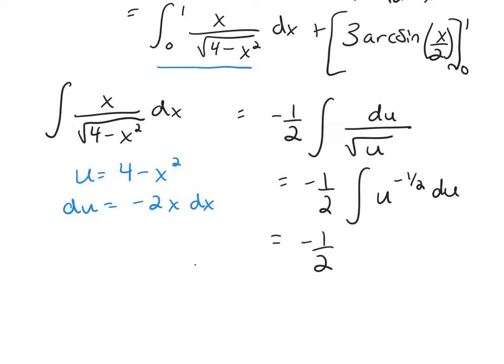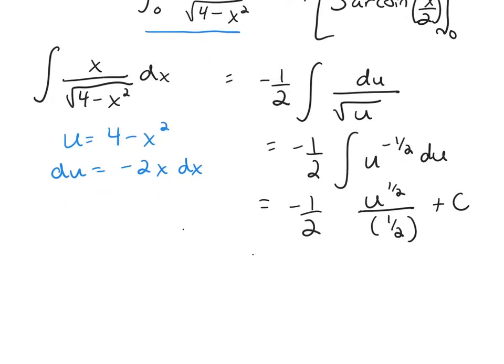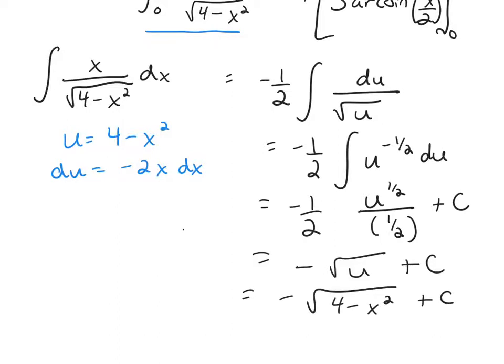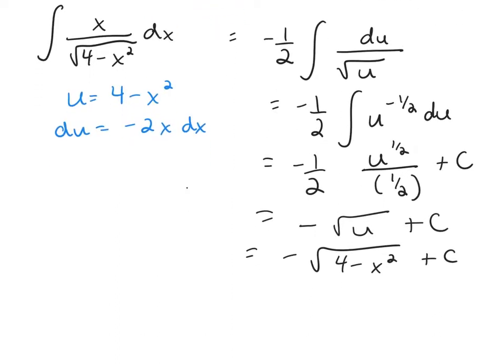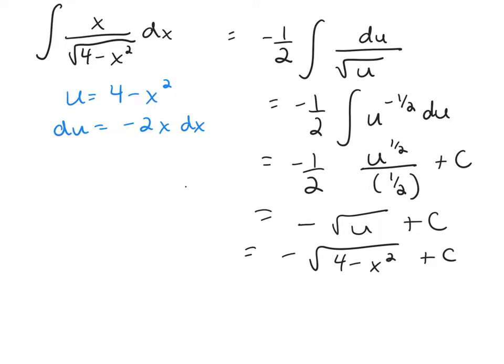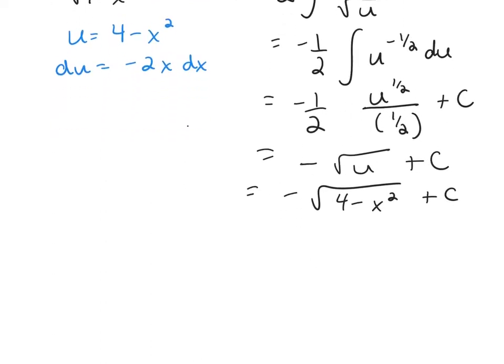And do your reverse power rule now. So my new power will be add 1, 1/2, divide by 1/2, plus c. So the 2 and the 1/2 cancel. You're left with negative square root of u plus c. And I plug back in my u. So we've now figured out that first integral.